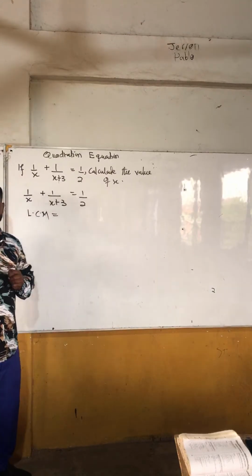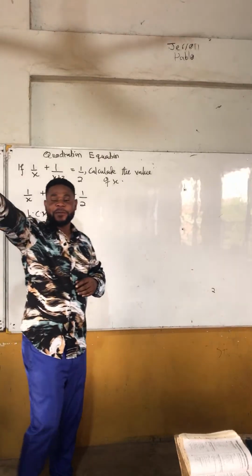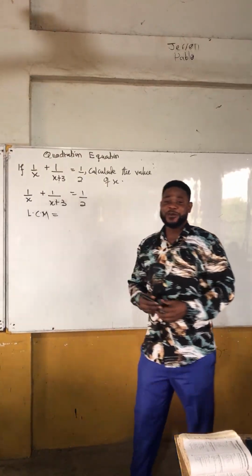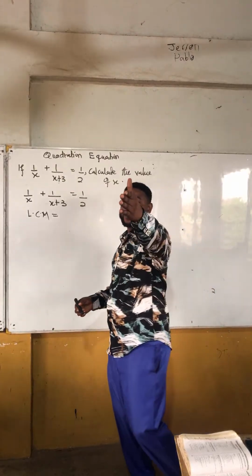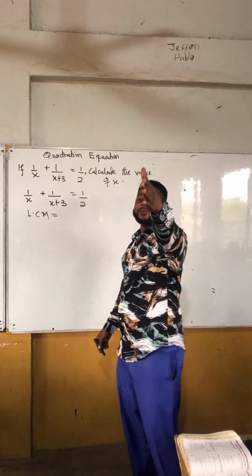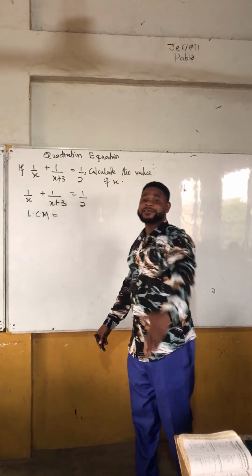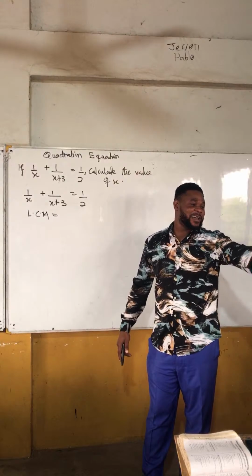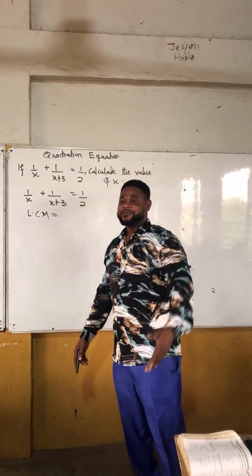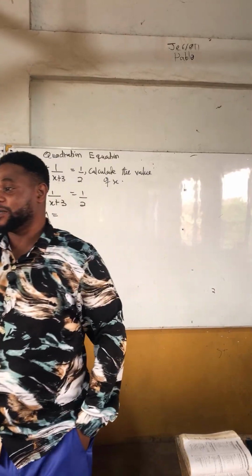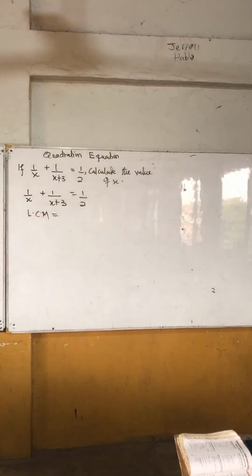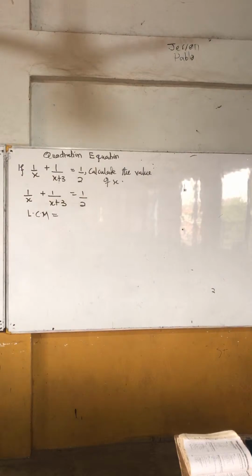It will be what? Who knows it? There's one beautiful girl here. I don't know their names, but what will be the LCM? The lady who is sitting in class. Oh, the boy. Let me ask. Please, let us contribute. Can you tell me the LCM? Young boy, stop hiding.